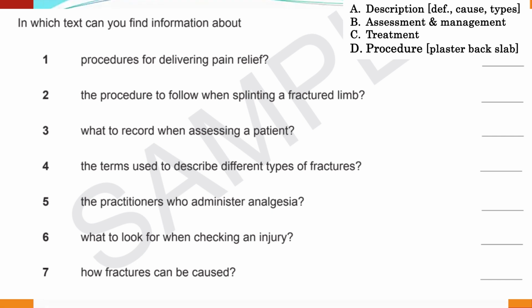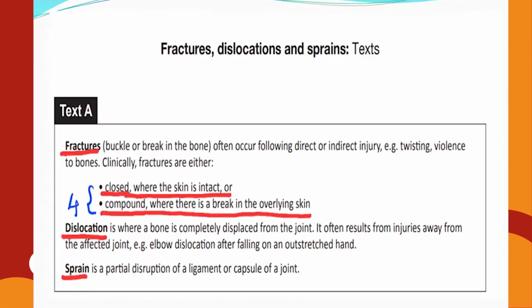So we can get the idea of the different types and where they are located: paragraph A. You can see in paragraph A where they have mentioned the closed fracture, where the skin is intact, and the compound fracture, where there is a break in the overlying skin. Those are the two different types of fracture they have given. So we can give the answer A.